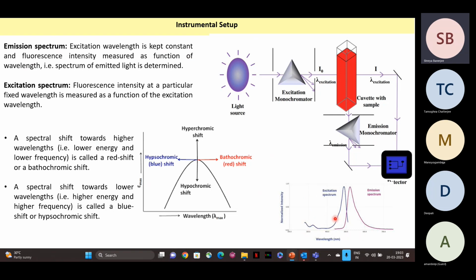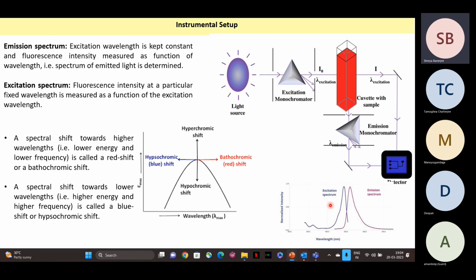So in excitation spectrum, the wavelength that is used for excitation is constant, and we observe the emitted fluorescence spectrum. And in emission spectrum, fluorescence intensity at a particular wavelength is measured as a function of the excitation wavelength.